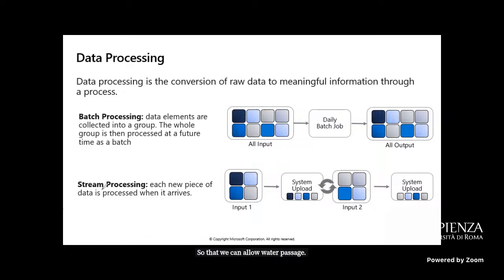So the data they have, they are working on it in a batch way. It's batch processing, but immediately the water is more than a certain level, people are notified. So it's still exactly the same thing.